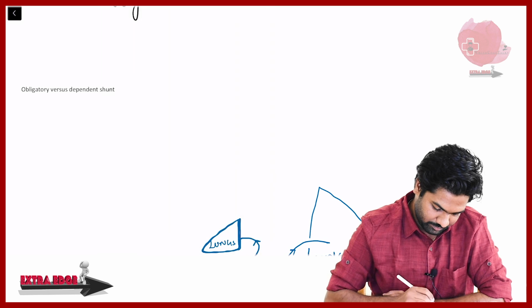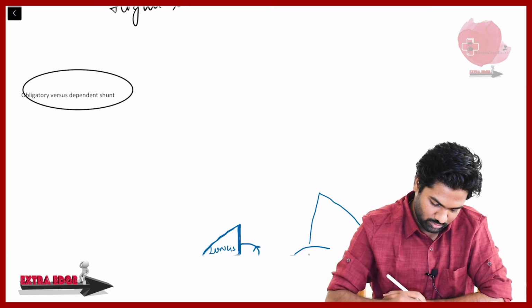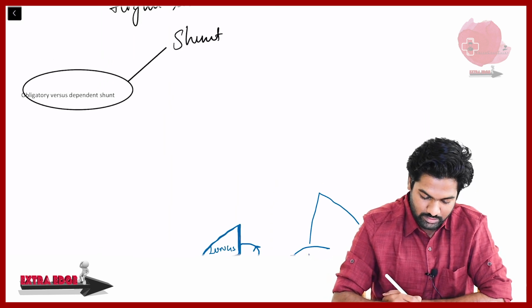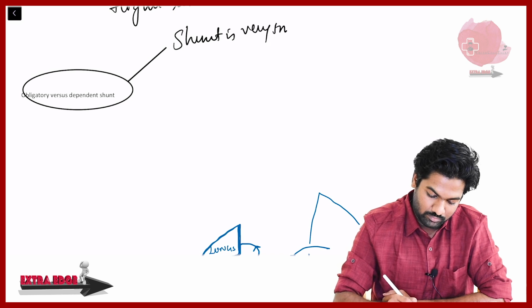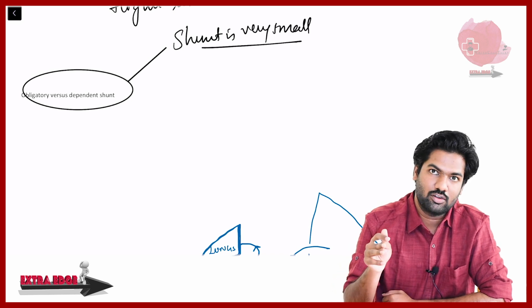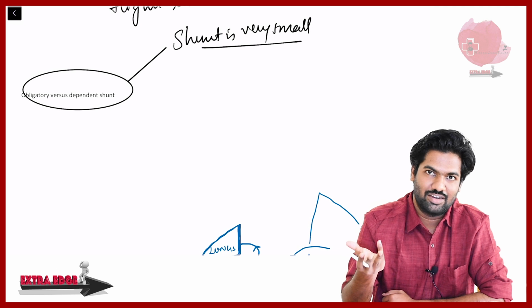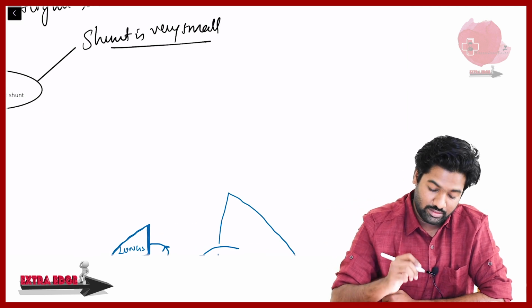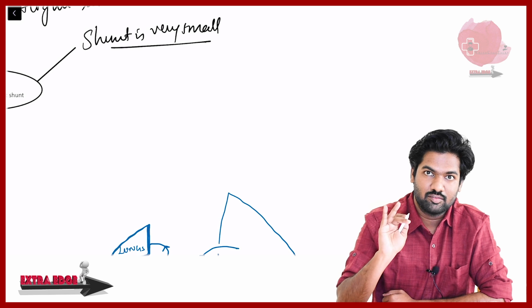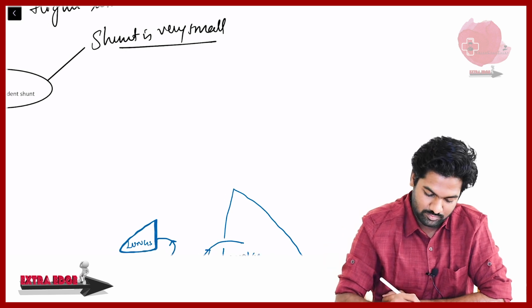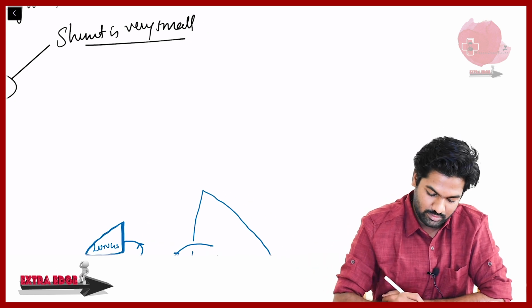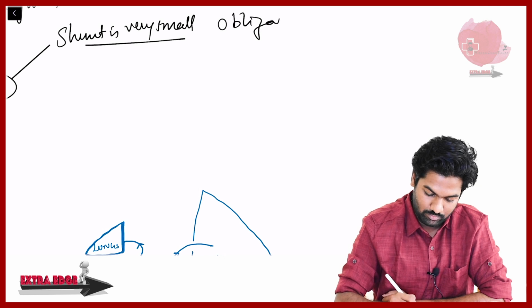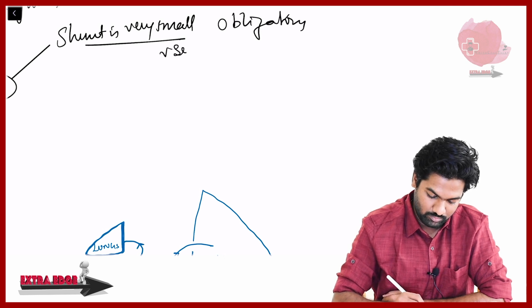By this you would have got to know that when the shunt is very small, it is purely dependent on the pressure in the left ventricle, so that is called obligatory, means it is not dependent on pulmonary pressures or pulmonary outlets. That is obligatory. Very small shunt.